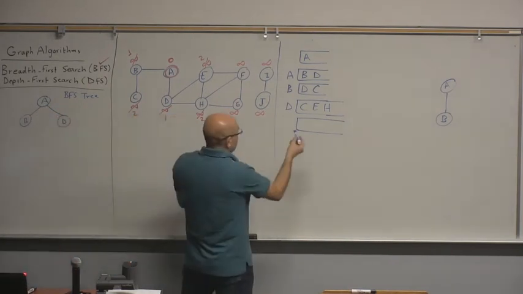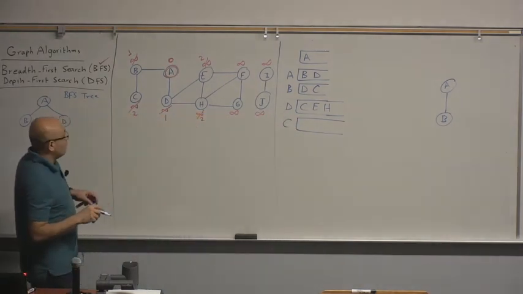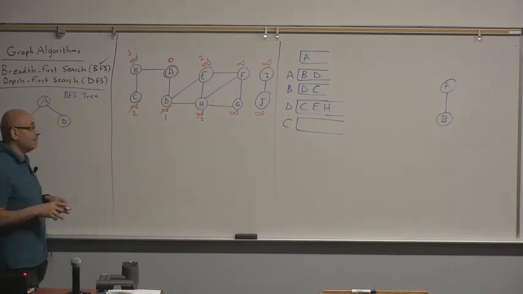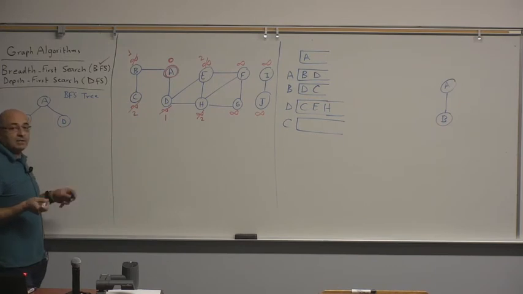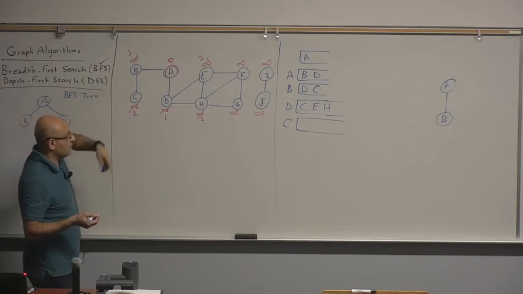Okay, so now I dequeue C, and then I put the neighbors of C that haven't been visited yet. And how many neighbors of C are there? There are no neighbors that haven't been visited, so I will just put nothing.